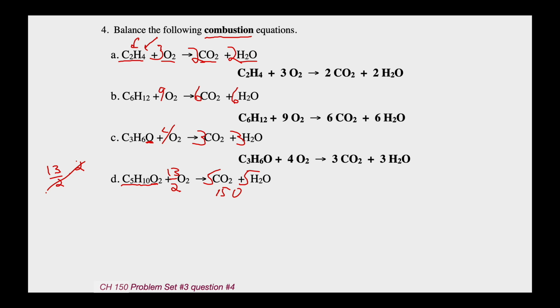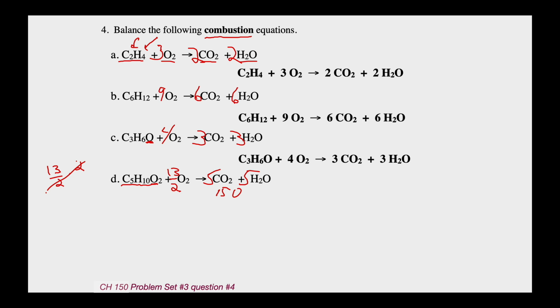So one version of this reaction, which I think would be balanced, would be C5H10O2 plus 13 halves, which by the way is 6.5 O2, and that goes to 5 CO2s and 5 waters. But I'll tell you, chemists really do not like using fractions, and 13 halves, 6.5, is certainly a fraction.